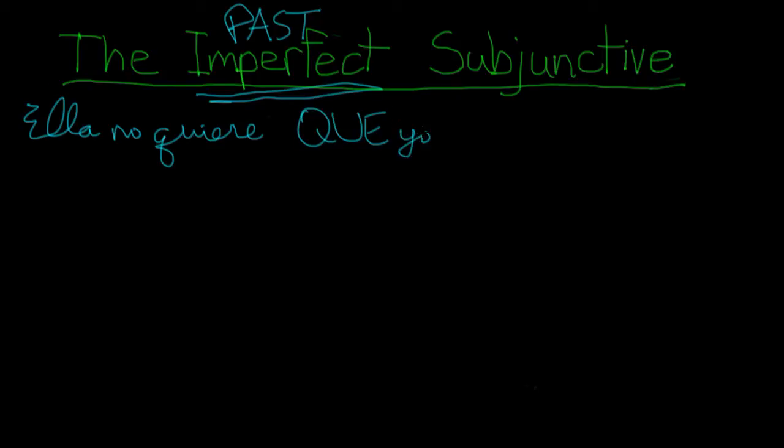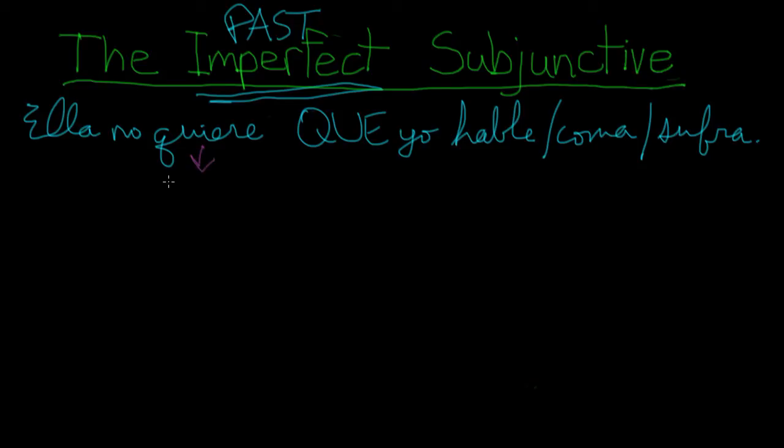She doesn't want us to talk aloud or to eat in class. But she also doesn't want us to suffer, bless her heart. If we switch these into the past tense, it might look like this. Quiere might go to quiso, the preterite. And these forms, what will those look like?